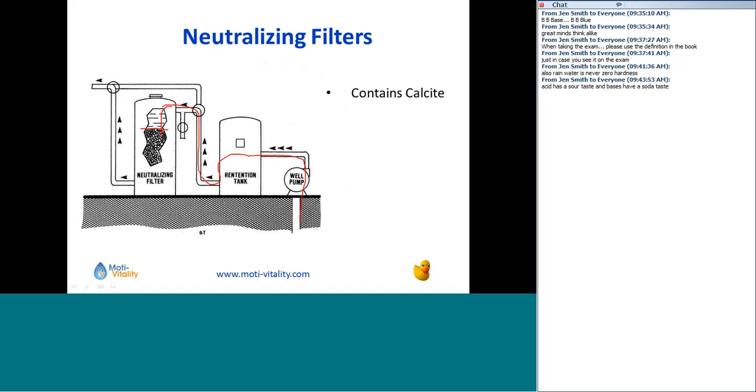Now, because this calcite is dissolving in the water, you have to re-add that. Right? Usually once a year, you go out and you add more calcite to the tank. So you have to service it.